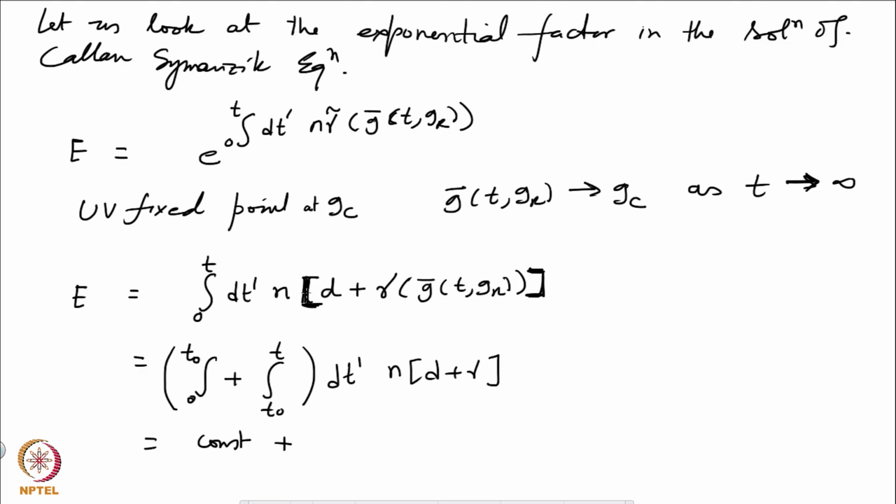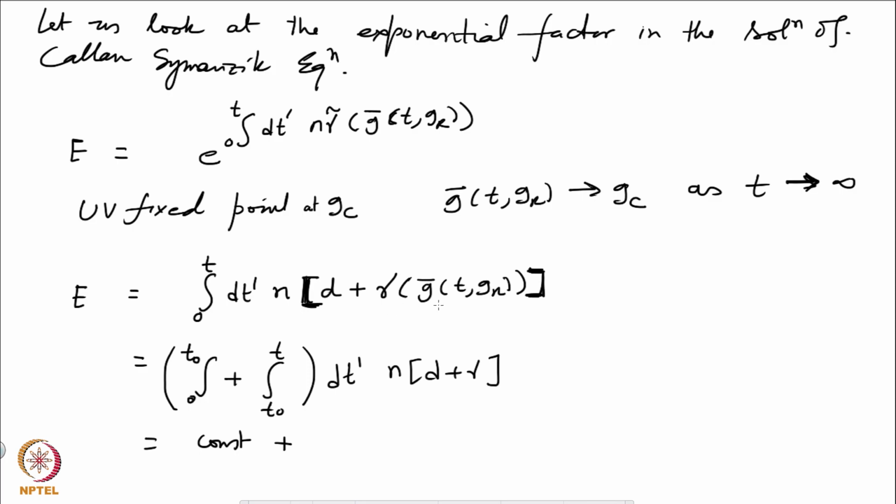d is anyway constant, n is a constant, the gamma function depends on t through this g bar, but the g bar goes to gc in the t going to infinity limit. Because I am saying that t naught is also very large, in this domain from t naught to t, g bar is effectively gc.